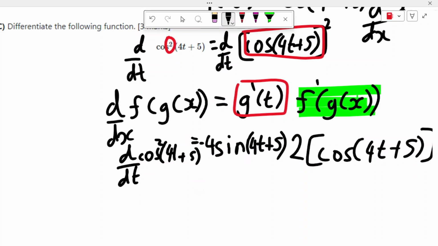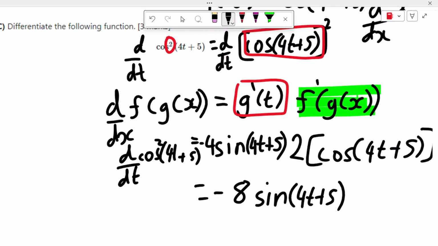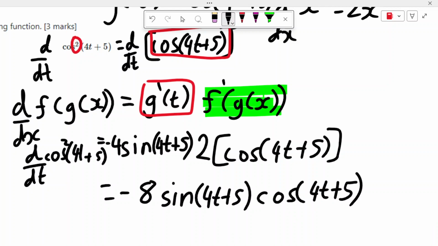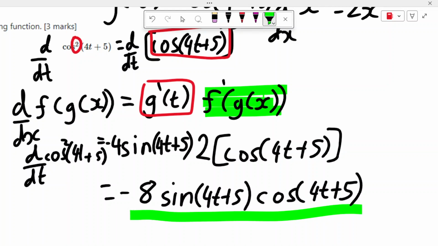All right, so this is all equal to 4 times 2, which is minus 8, and then sine(4t plus 5), and then we can write the cos. Okay, so that there is our final answer. And if you got that far, great job.